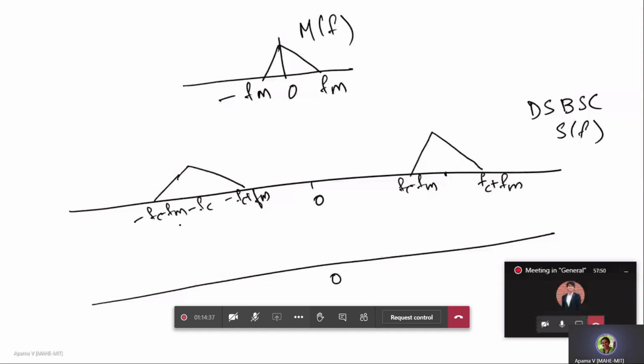Then what is the difference? For AM, how was it? Exactly like this, except for one impulse at the carrier.